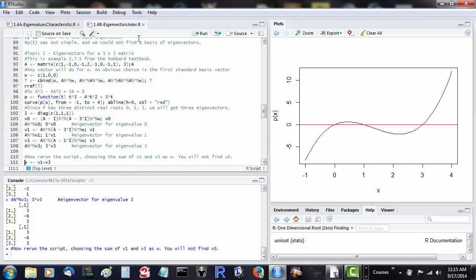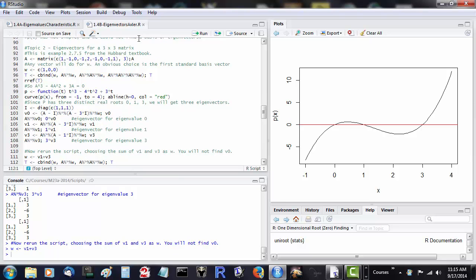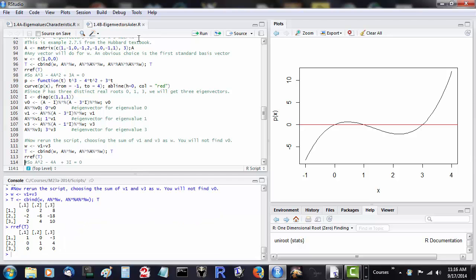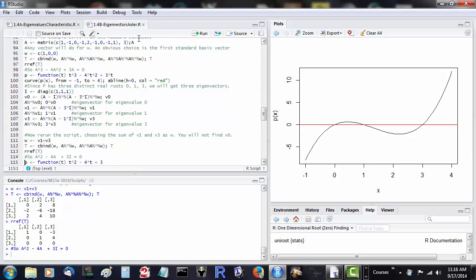I will choose W to be the sum of v1 and v3. Knowing what's going to happen, I apply A only twice. I get a matrix T. I row reduce it. I look at it and say, aha, the polynomial in A is A squared minus 4A plus 3I equals 0.